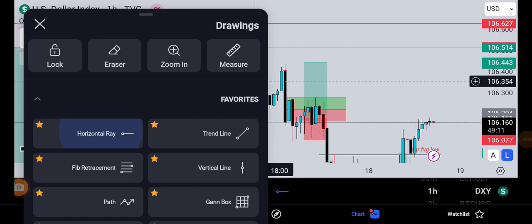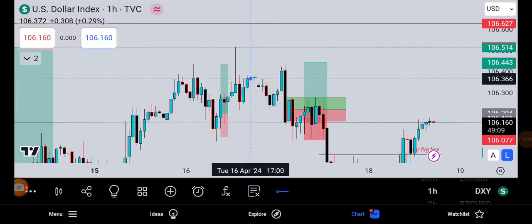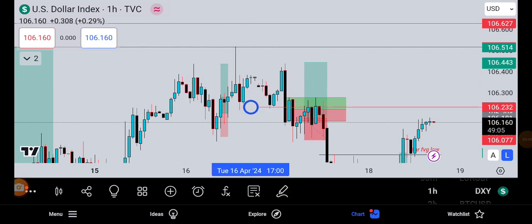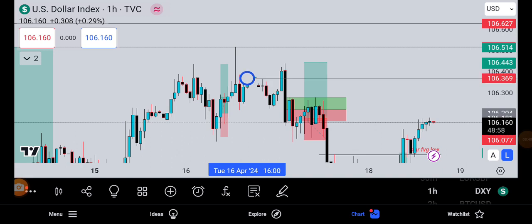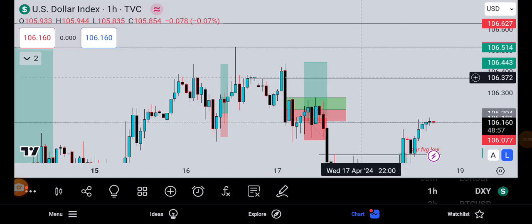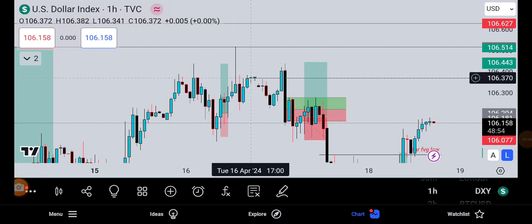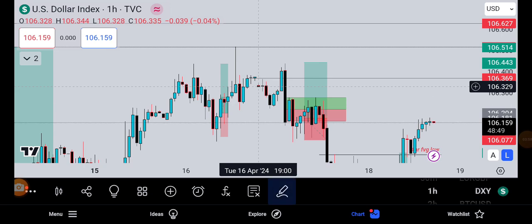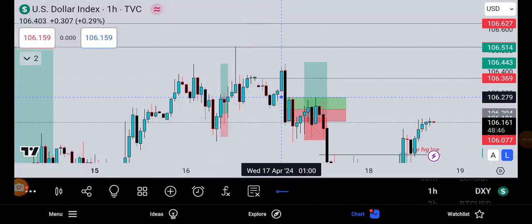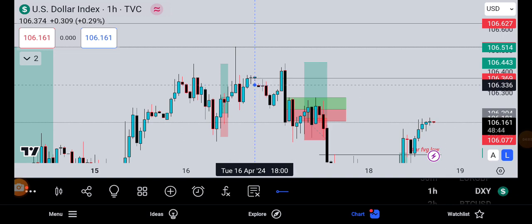What we refer to as the volume imbalance is from the low of this candle, the open of this candle, to the open of this candle. So this gap is what we call the volume imbalance.